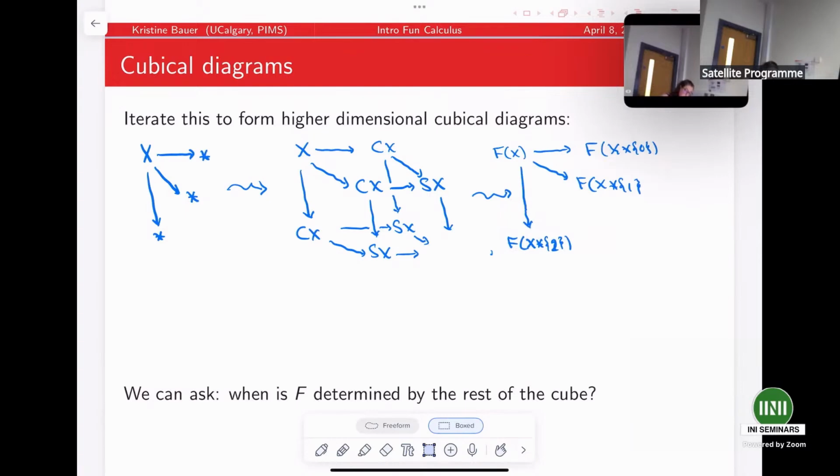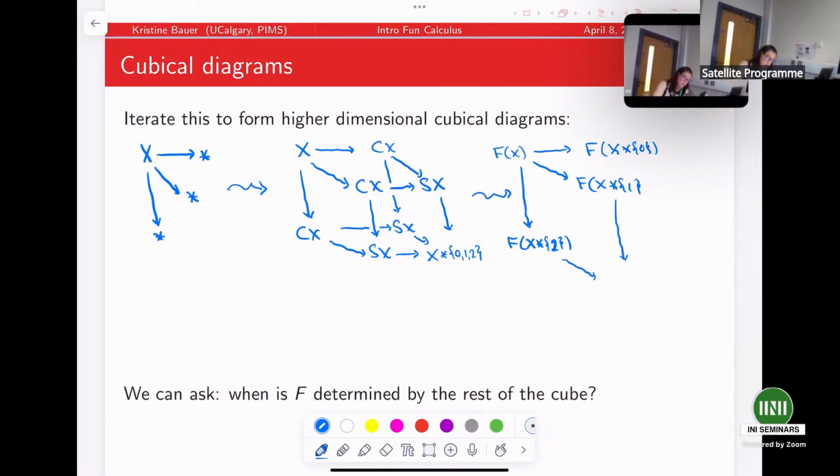Okay, so there was an F. There was an X star 3 points here, once upon a time. And then my unreduced suspensions, well, those are the joins of 2 points, but if I do it this way, then I can make it really clear which 2 points I'm joining with, so that's what the labels are for. Okay. And this is F of X star, these 2 points, 0, 1.